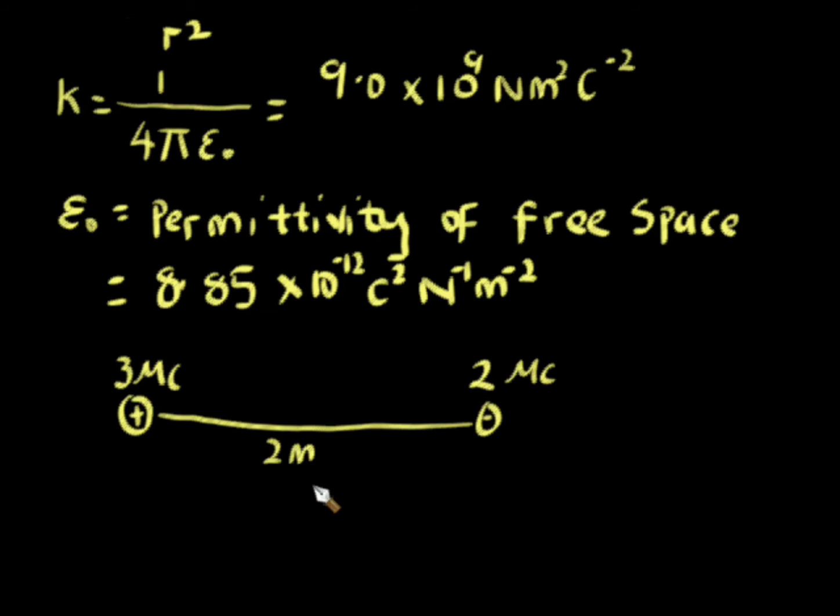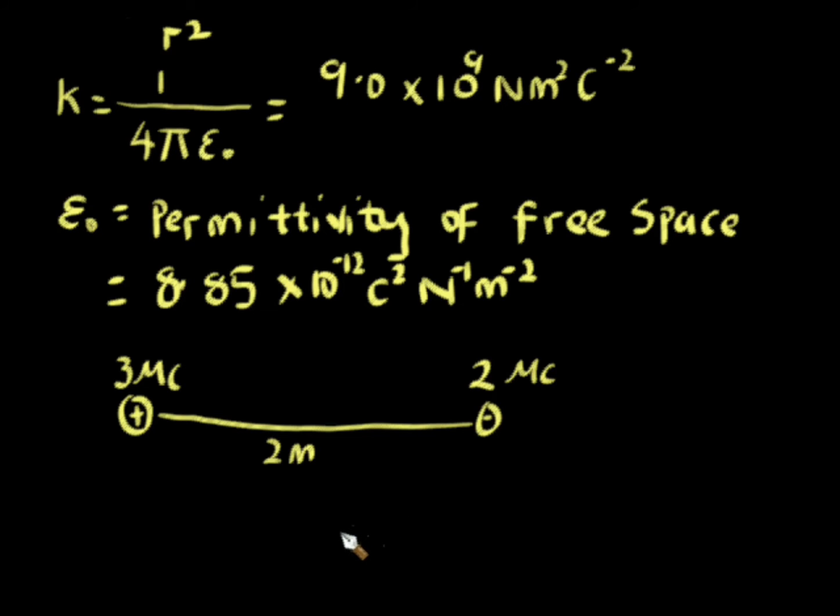How can we calculate the force of attraction between these two charges? There would be an attractive force, because this is a positive charge and this is a negative charge.